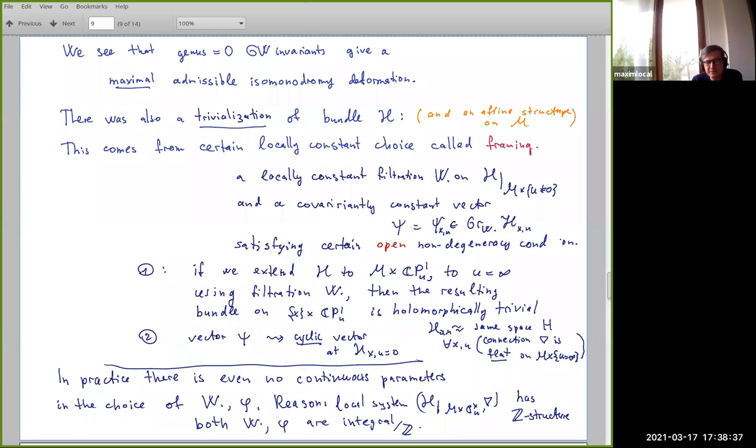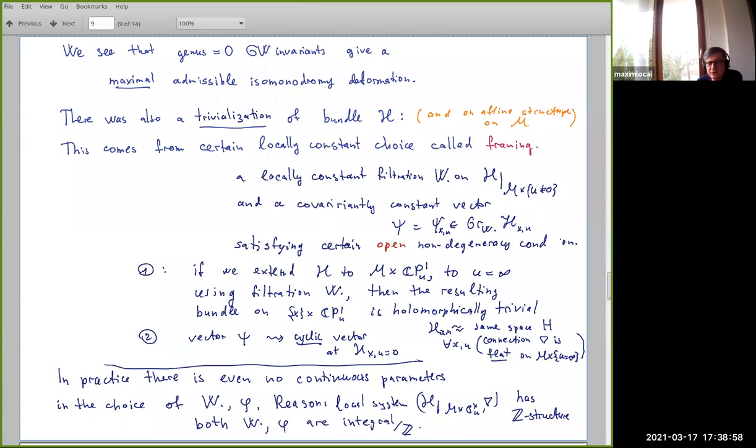But there was something which I said let's forget about: the trivialization of the vector bundle, and in fact, an affine structure on my manifold M as well. Where does it come from? It comes from some locally constant choice, which we call framing. It's again in our paper with Mélanie Antoine.